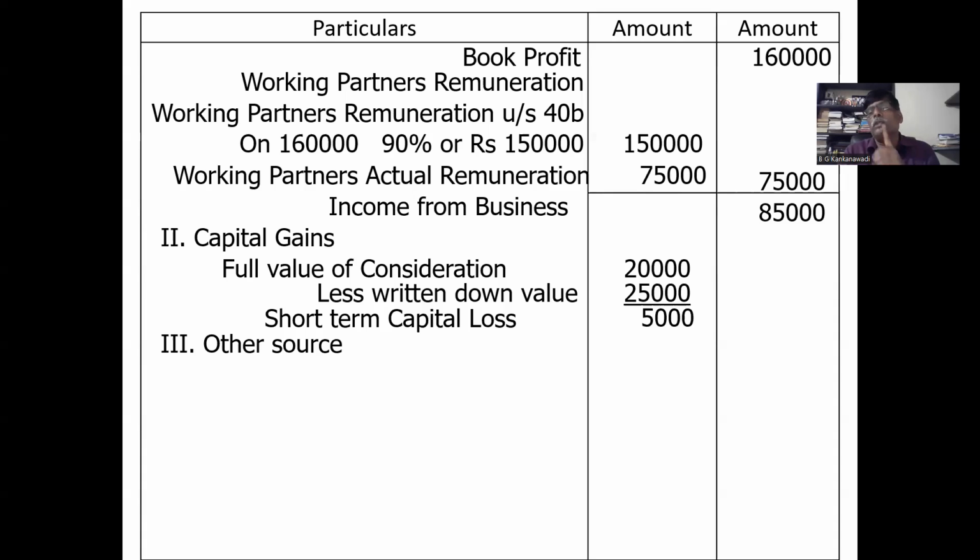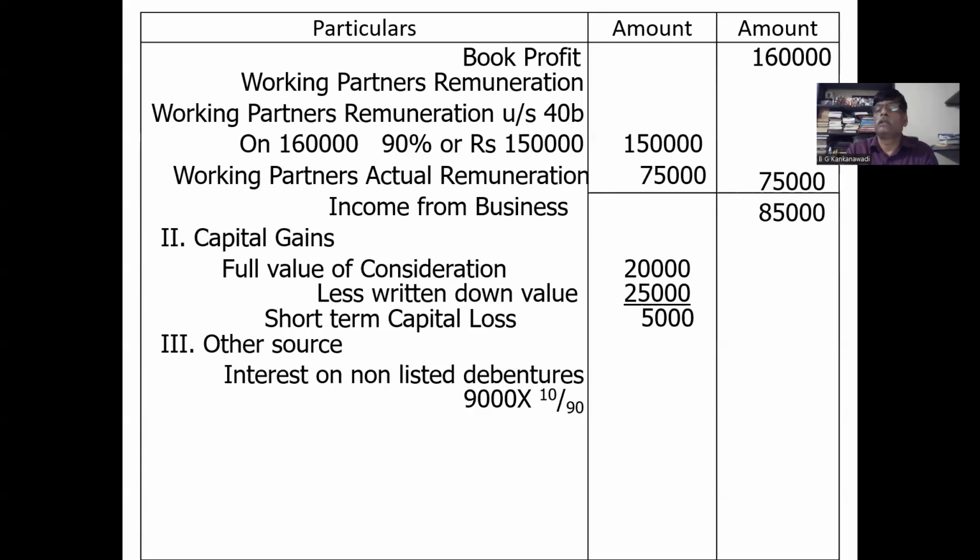In the other source, there is only one item, that is interest on non-listed debenture. Listed debenture is not gross up model. Non-listed is gross up model. Interest on non-listed debenture is 9,000 into 100 by 90.